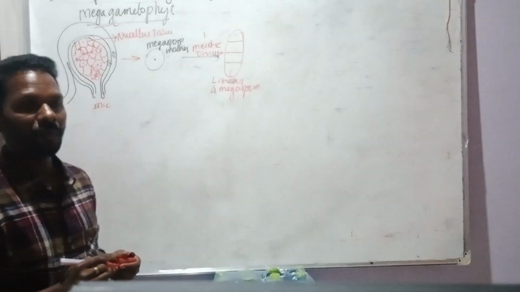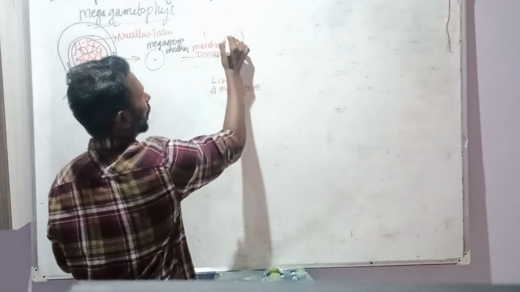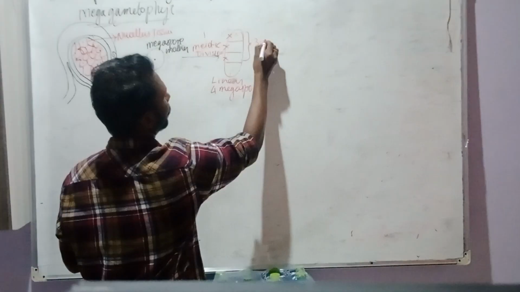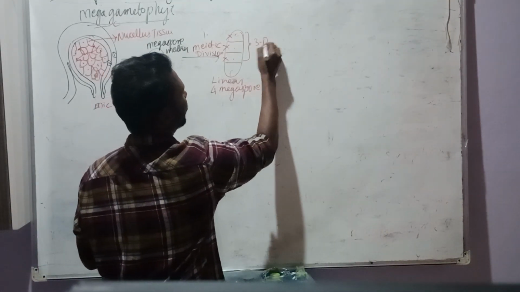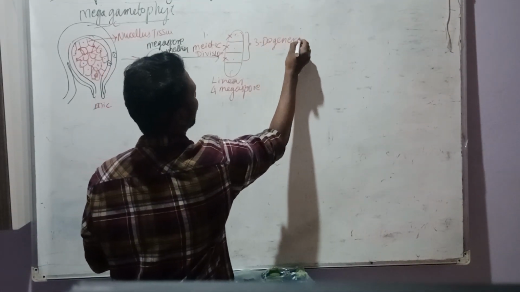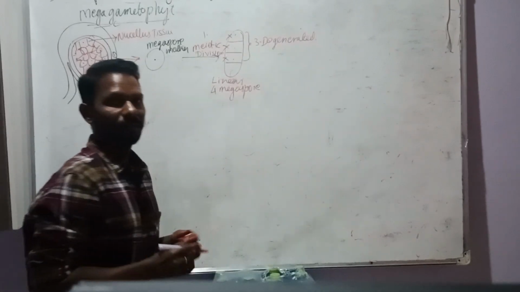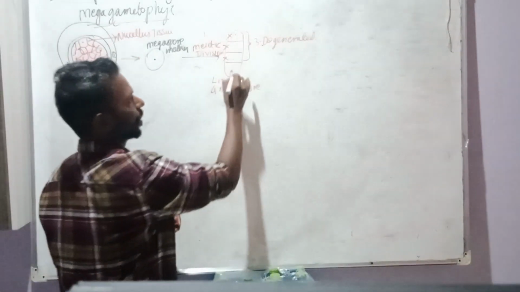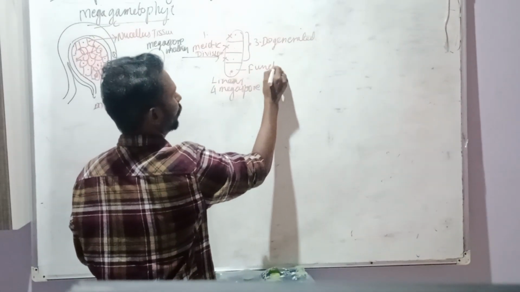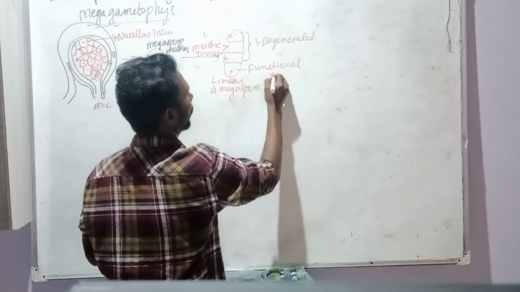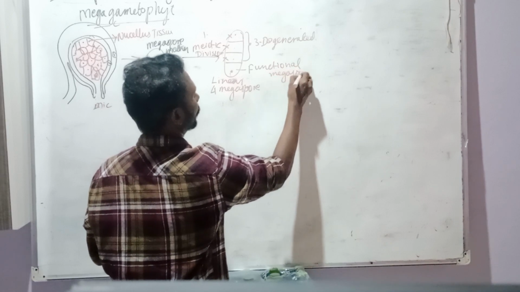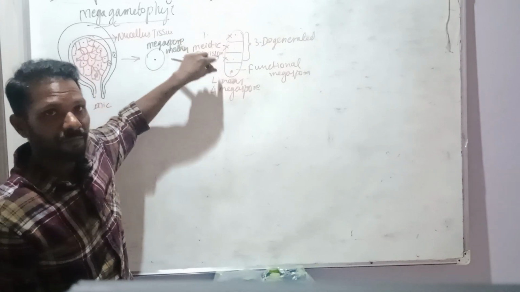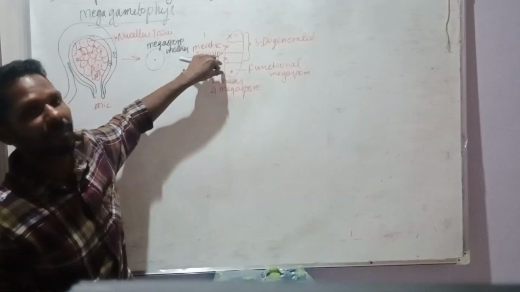All 4 megaspores are linear. Among the 4 megaspores, 3 degenerate in order to nourish the functional megaspore.